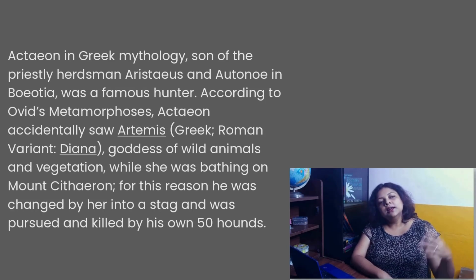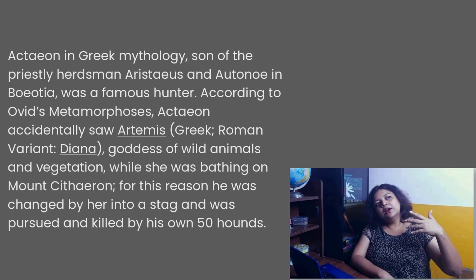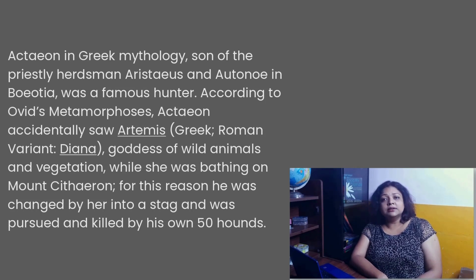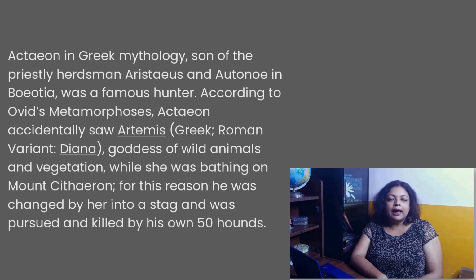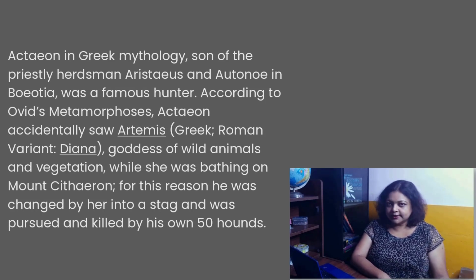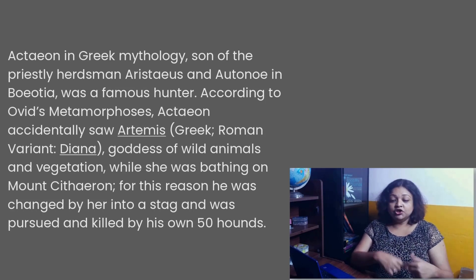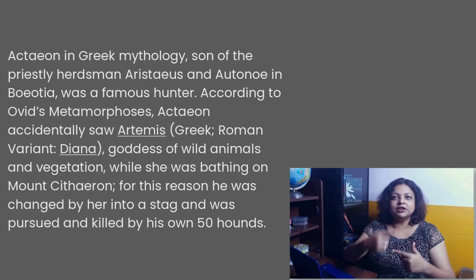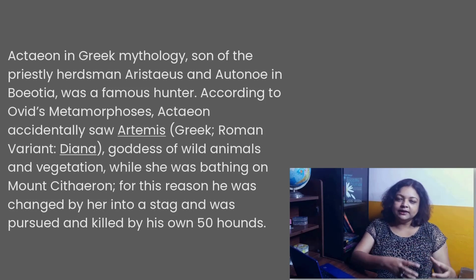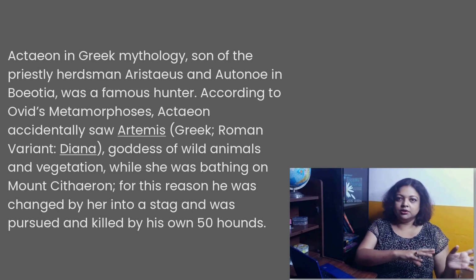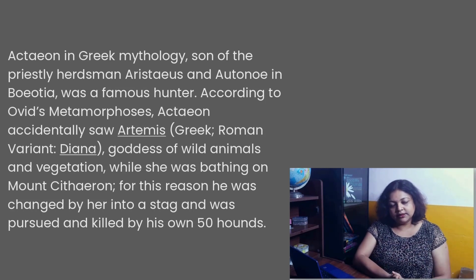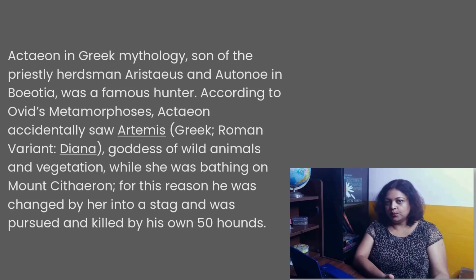So Actaeon was transfixed by the sight of this most beautiful woman he had ever seen. Diana found that Actaeon was gazing at her, and she cursed him, transformed him into a deer. And not just that, she continued to punish him. How? She made the dogs, which were with Actaeon, chase Actaeon, who was now a deer.